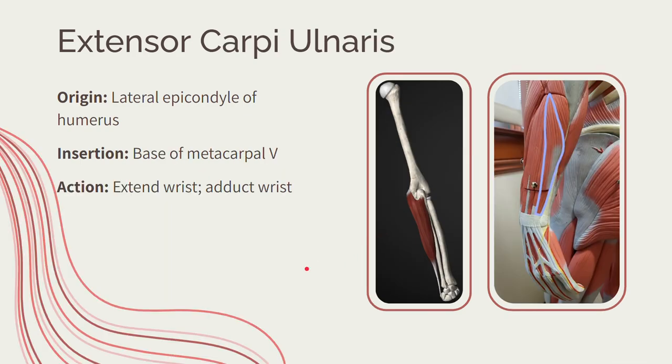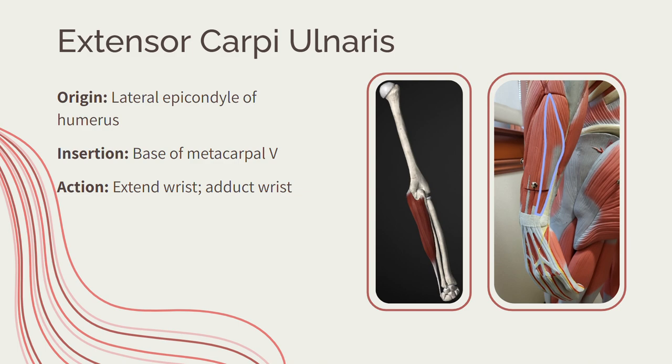And then we have the extensor carpi ulnaris. For extensor carpi ulnaris, the origin we see is the lateral epicondyle of the humerus. As you can tell, the flexor muscles are all on the medial epicondyle of the humerus, and the extensor ones are all on the lateral epicondyle of the humerus, which are the origins for extensors.